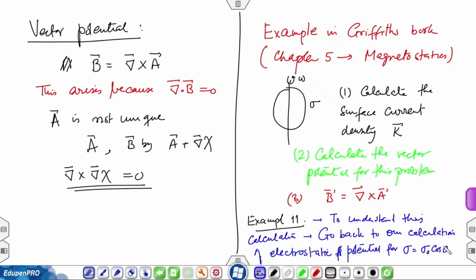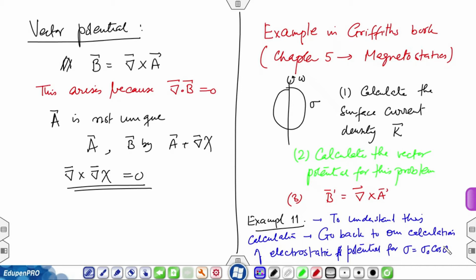This I did in the first week in the second or third lecture. So, go back and see how we perform that calculation by rotating the axis and bringing the point of observation on the z axis. Exactly the same thing is done here. If you go through that solved problem again, you will be able to understand the solution here much more easily. So, I am leaving that for you as an exercise.